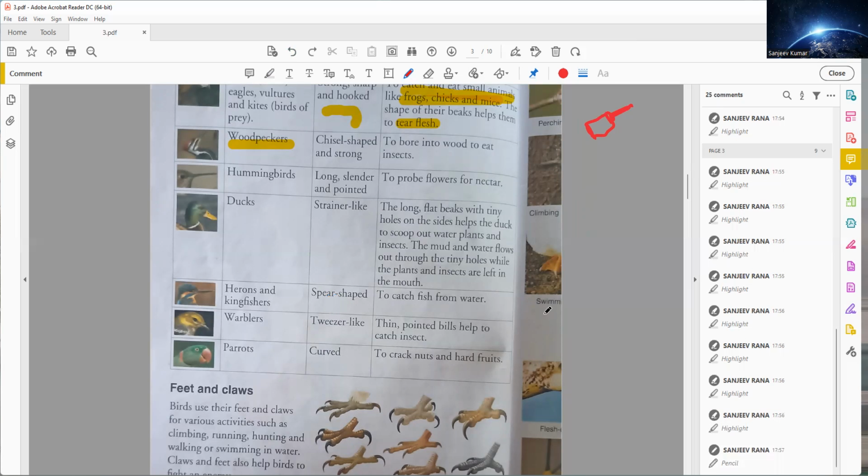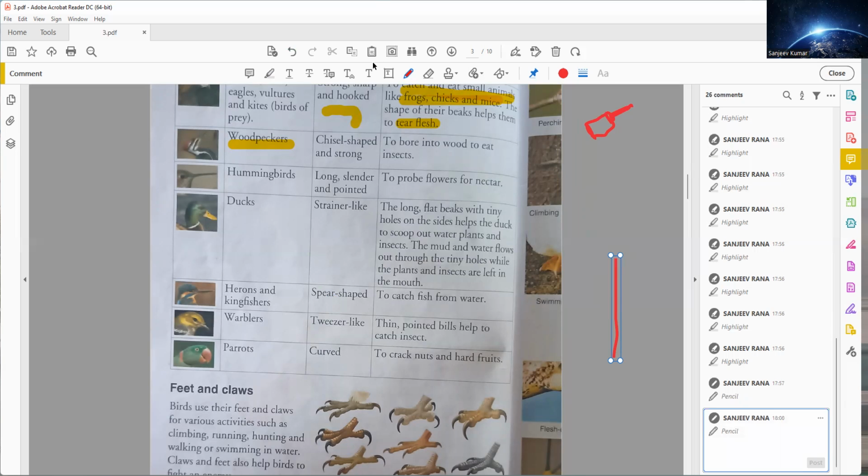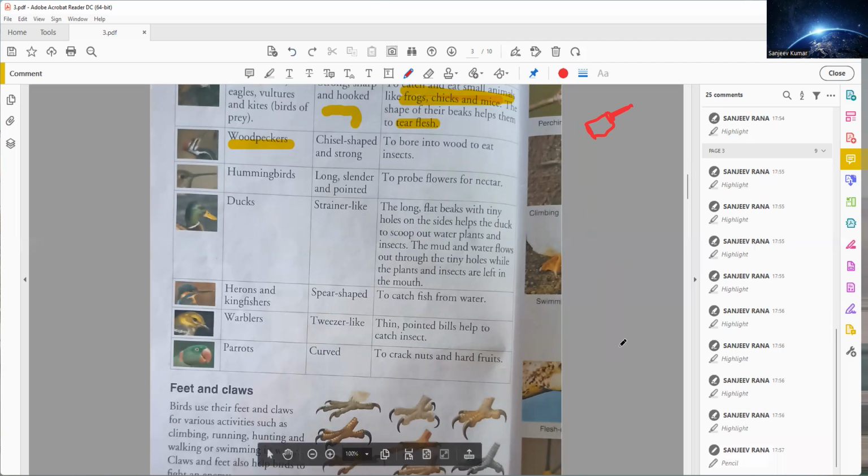A spear, like a javelin throw, you have seen it, right? A javelin, which we call a bhala. How is it? Strong, long, and with a pointed region at the front. So the beak will be strong and pointed at the front, due to which they can just catch the fish from the water. Then the wobblers, tweezers-like.